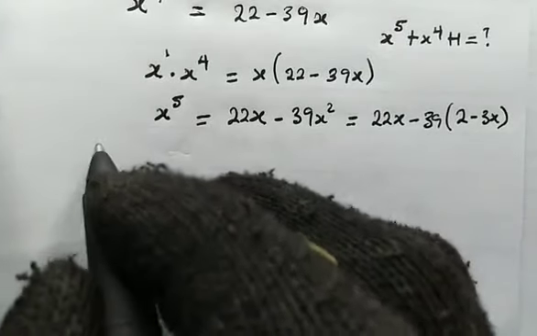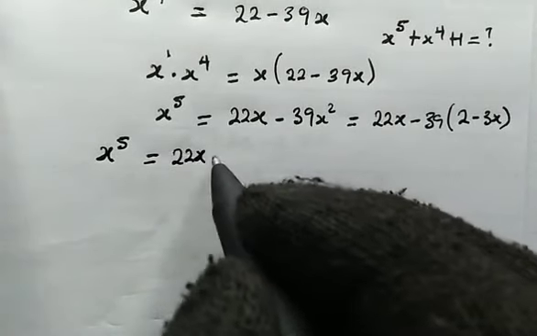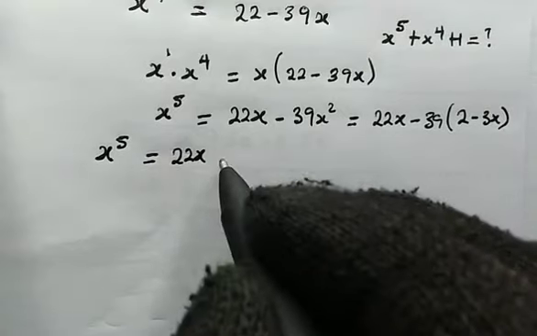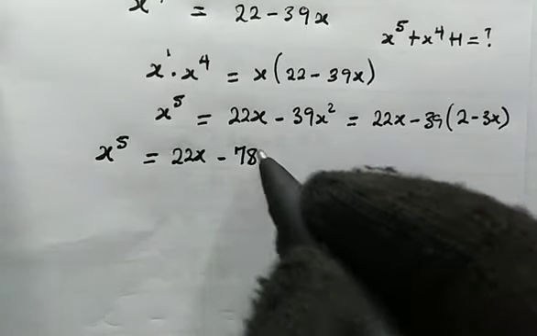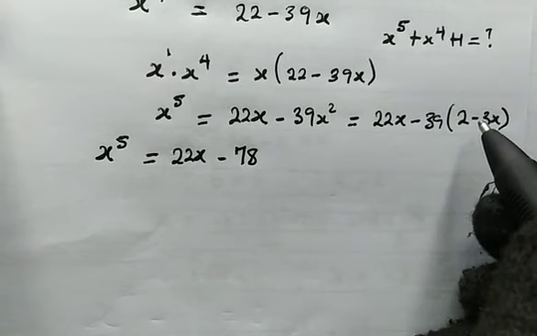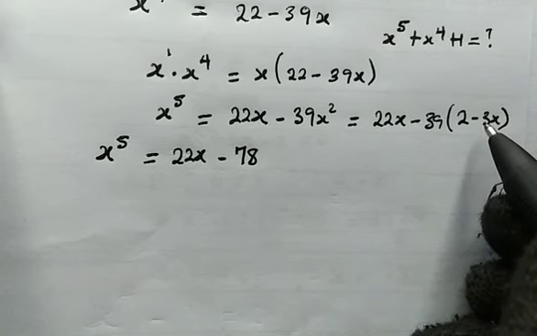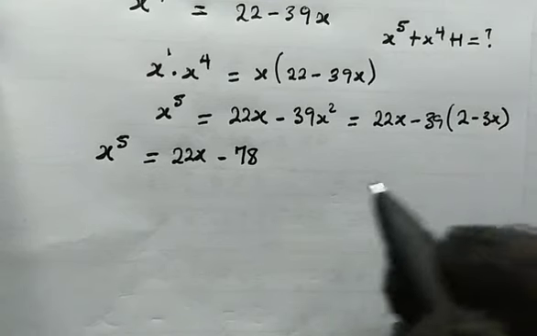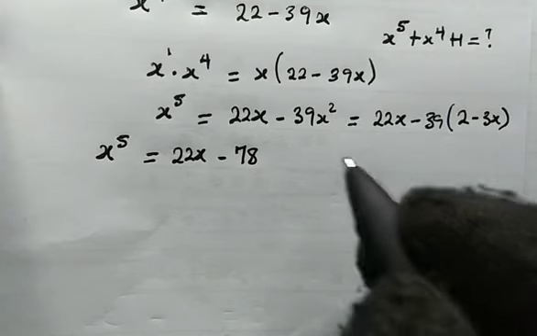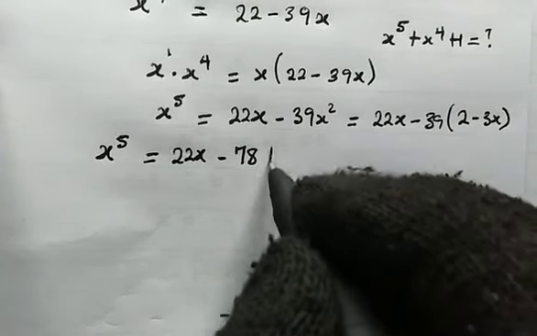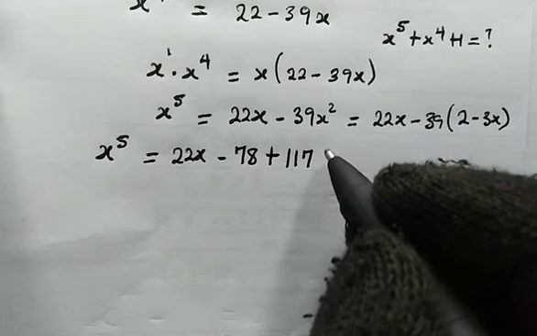So from here we have x to the power of 5 equals 22x minus 39 times 2, which gives us negative 78, and then minus 39 times negative 3x, which gives us plus 117x.